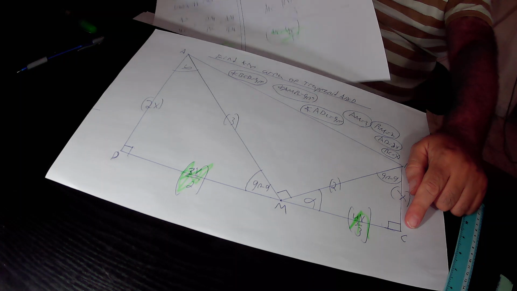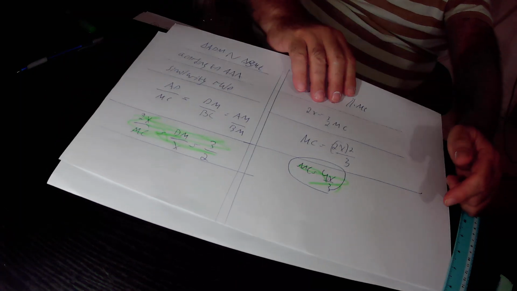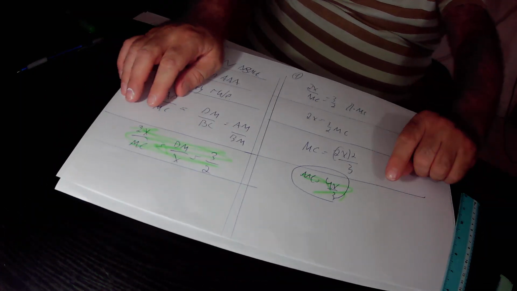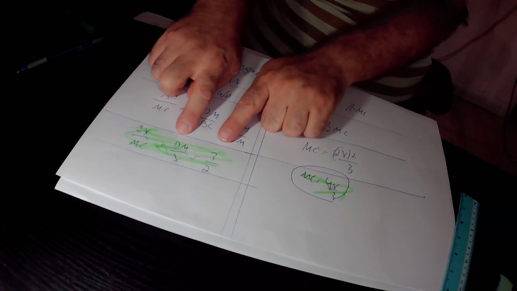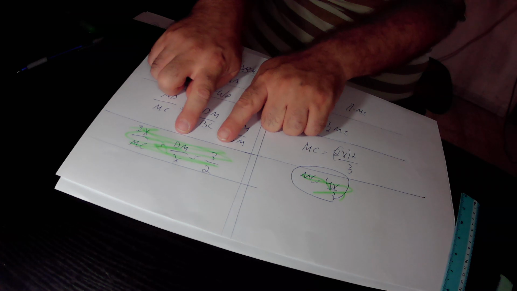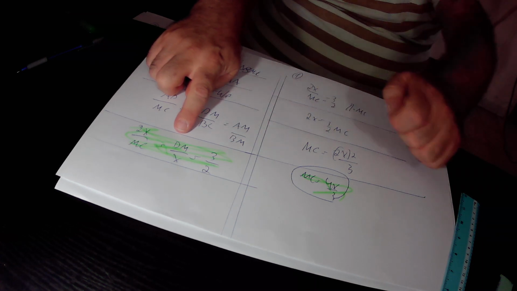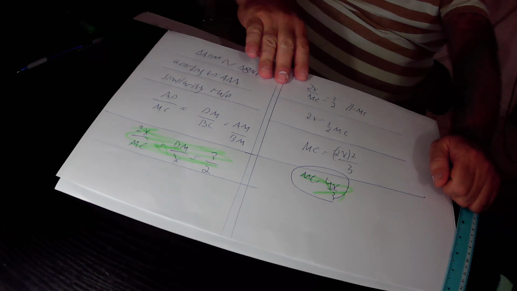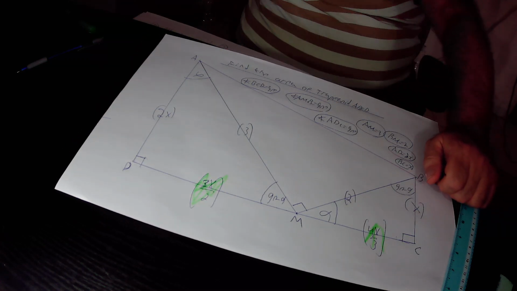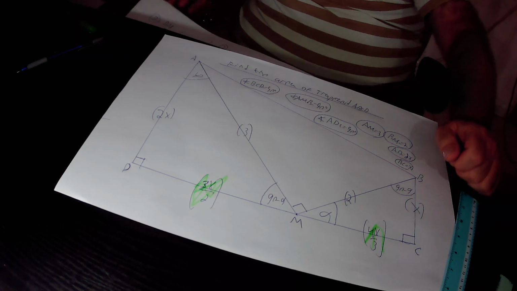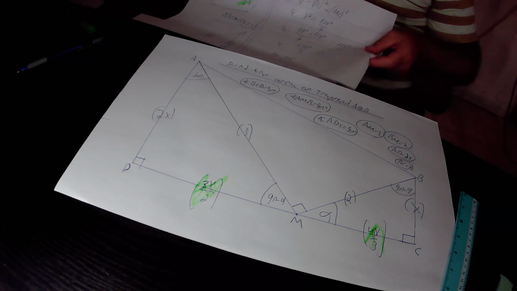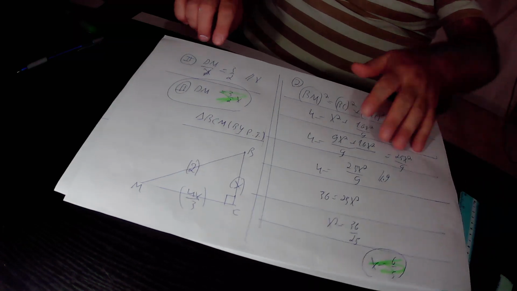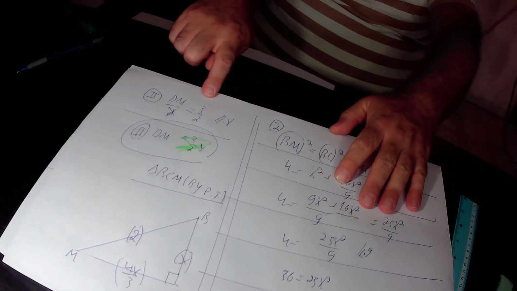We continue to focus on this long equation in the green light. Those two expressions are also equal to each other, therefore we get equation 2 from those two expressions. According to the second equation, DM over x equals 3/2.